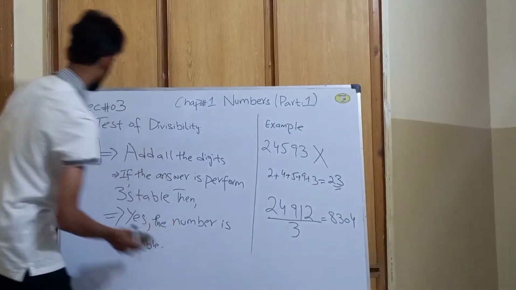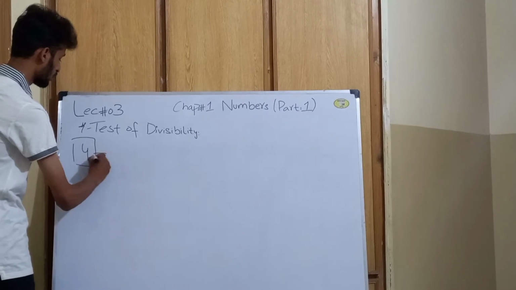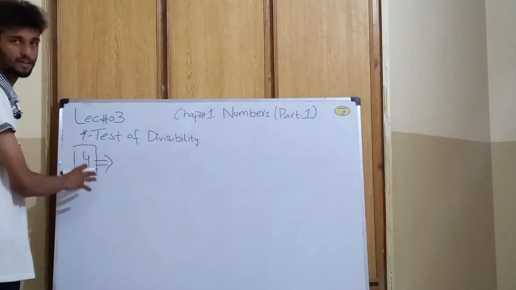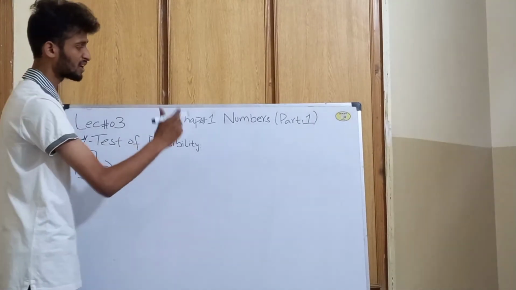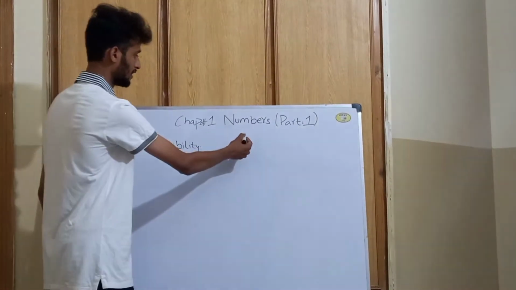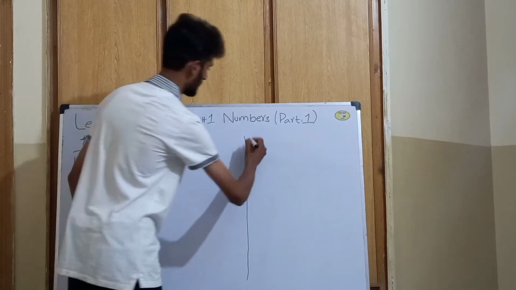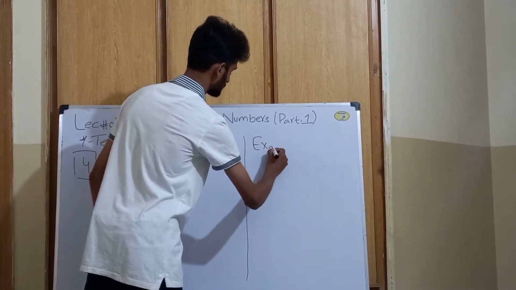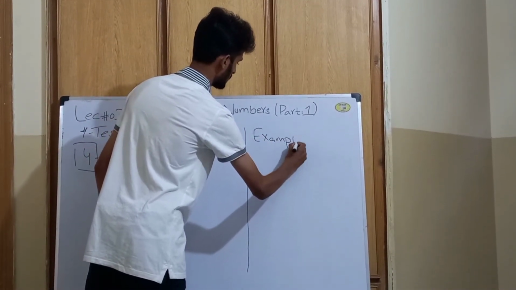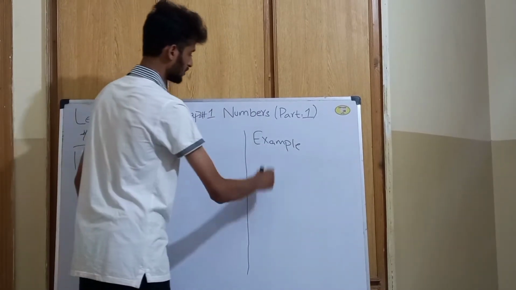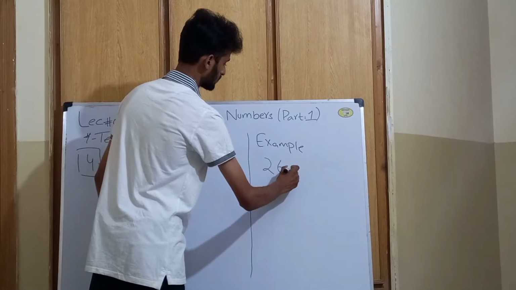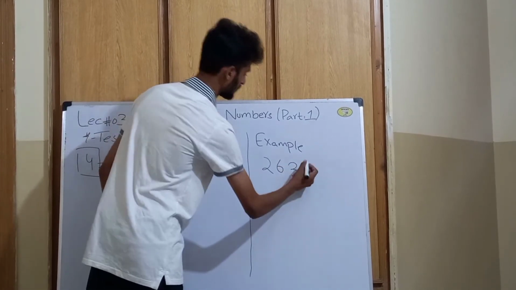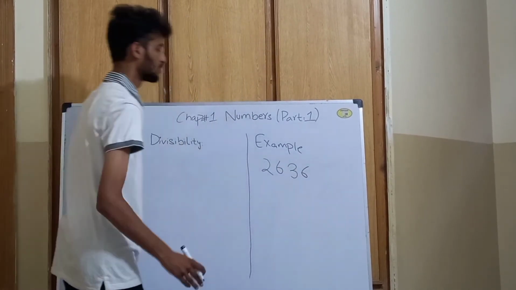Now let's check in case of 4. To check whether a number is divisible by 4 or not, we will see the last 2 digits of a number. Let's consider an example. The number is, let's suppose, 2636.